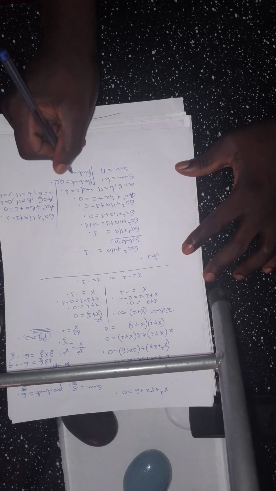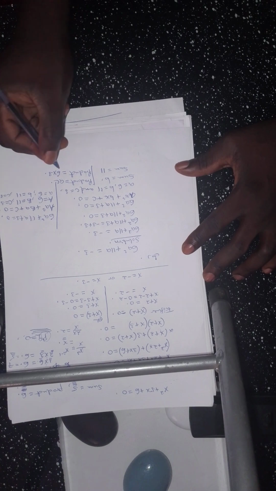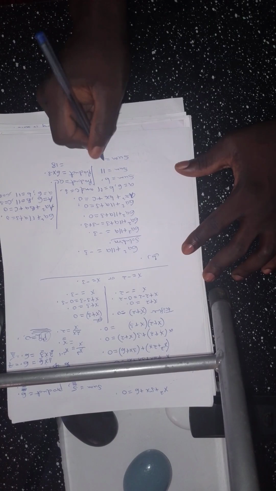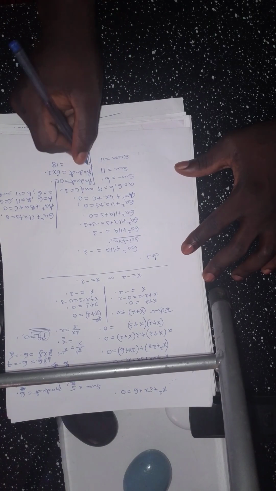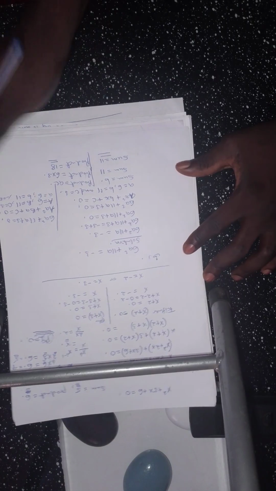So our product is going to be 6 times 3, and 6 times 3 is 18. So the sum is 11 and the product is 18.